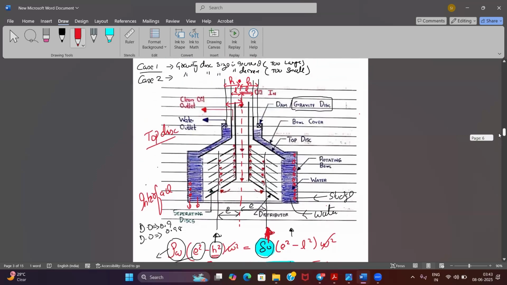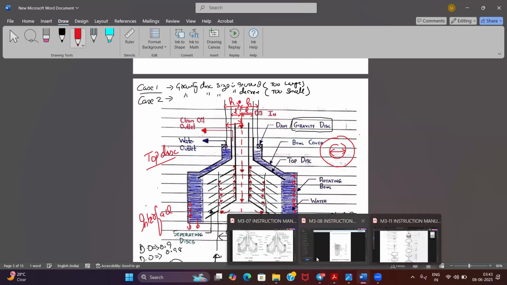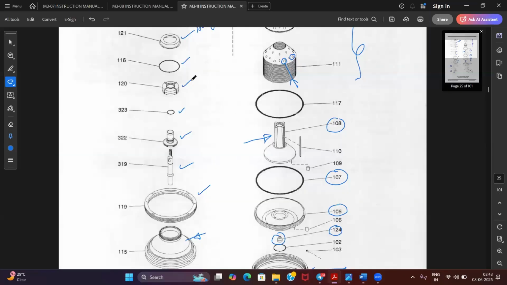Now, if I decrease the size of the gravity disk, that means its internal diameter. This is my gravity disk. That means I have to reduce this internal diameter of the gravity disk. So if I reduce the diameter, the outer diameters of all gravity disks will remain the same. Only the internal diameter changes for the different gravity disks, and you will be supplied by the manufacturers with a lot of sizes of the gravity disk.